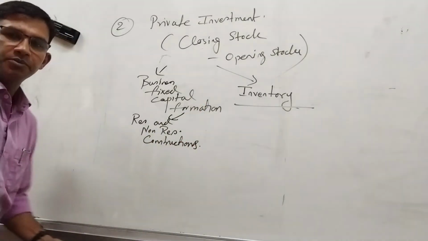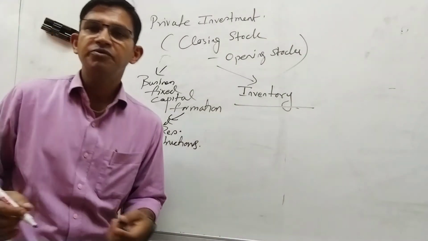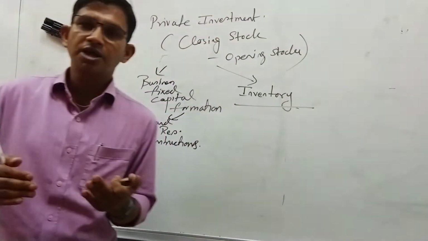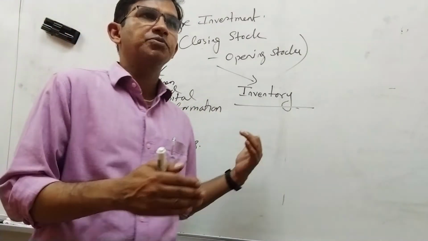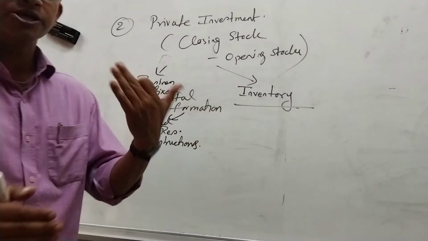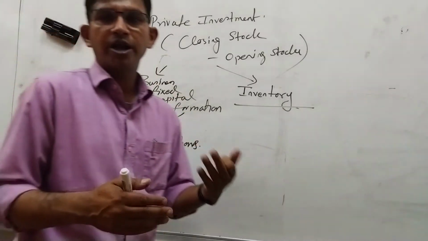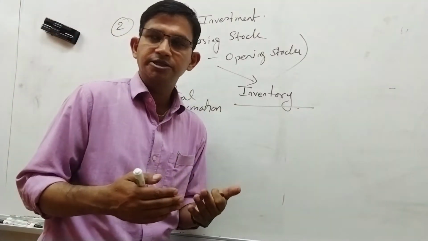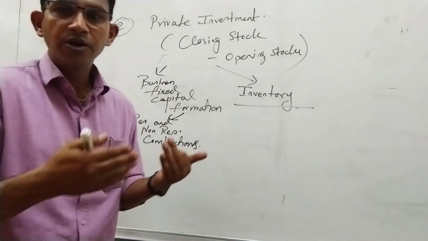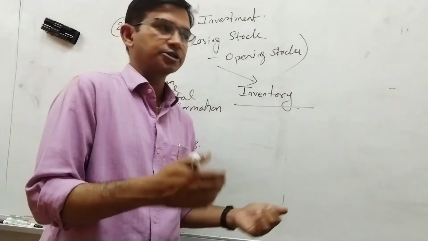What is an example of residential construction? If a company constructs housing for its employees, that is part of residential construction. Non-residential construction normally means warehouses, factories, godowns.